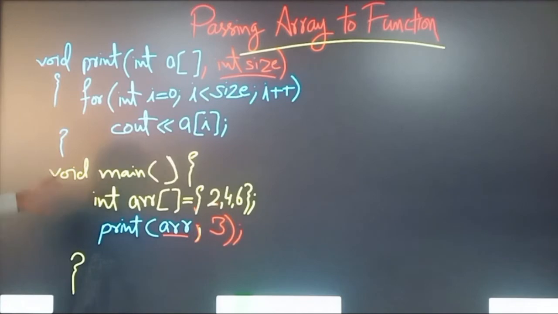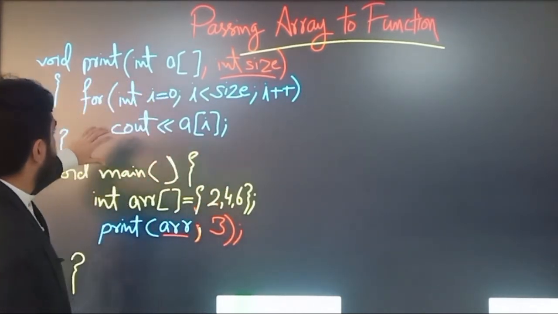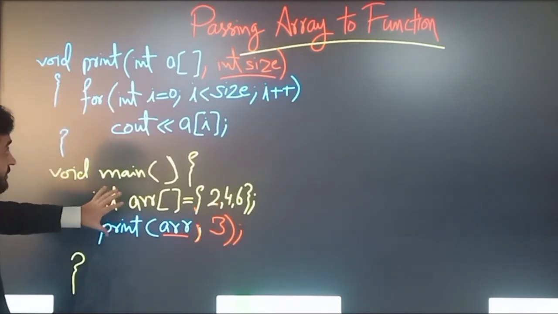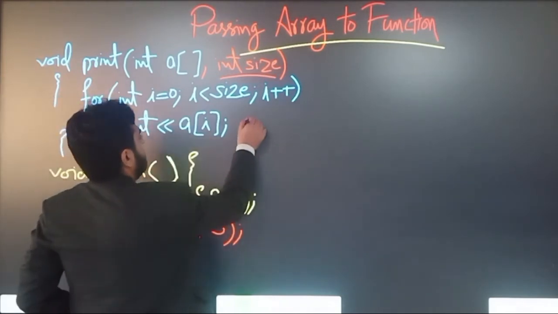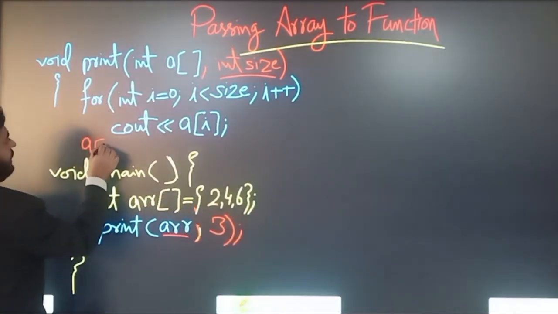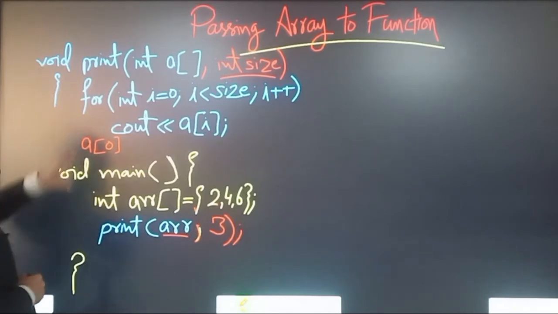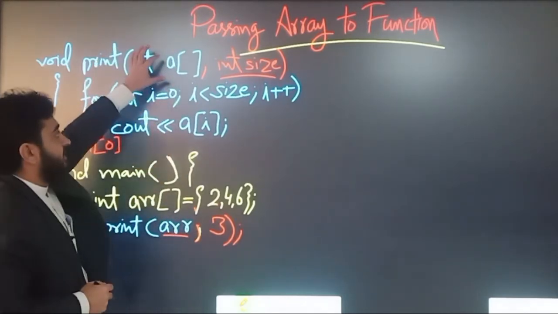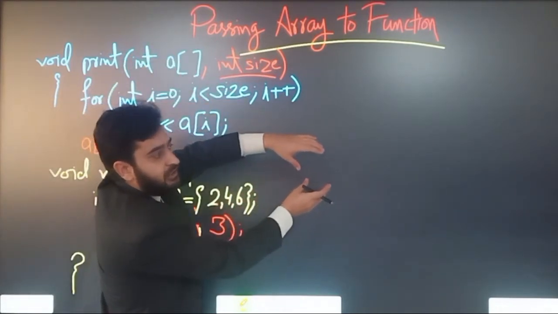Okay, in the start of the lecture, I have also discussed that we can change the value of the array in the main function from the user-defined function. So if you change, for example, a of 0, which is the first element, the first slot of the single dimension array, here in this array as well as in this array, because we have passed the address, both the arrays are pointing to the same location in memory.